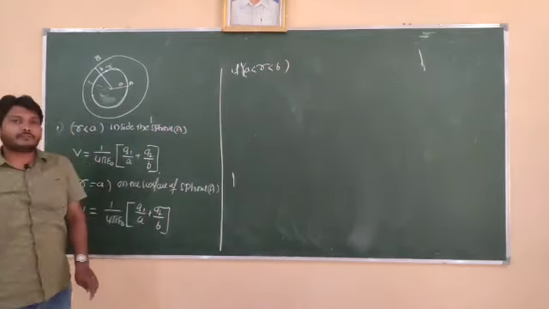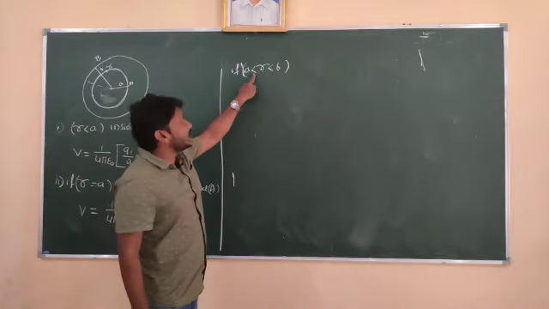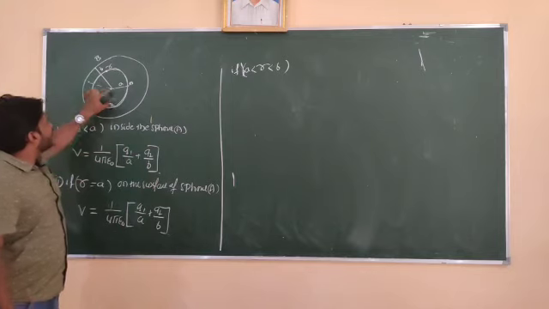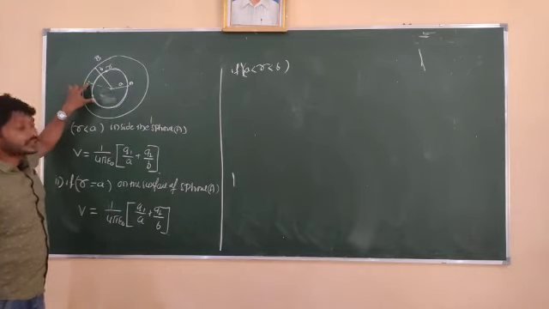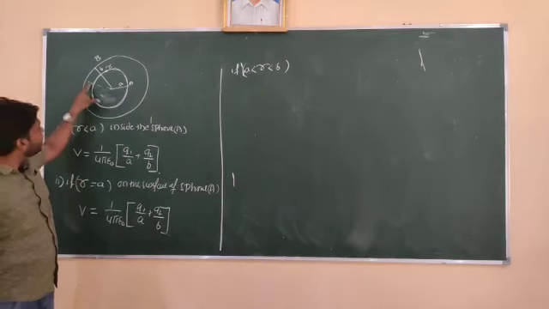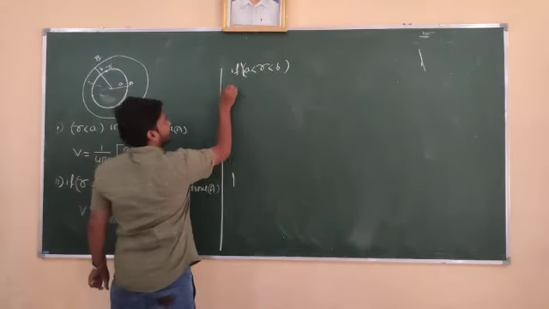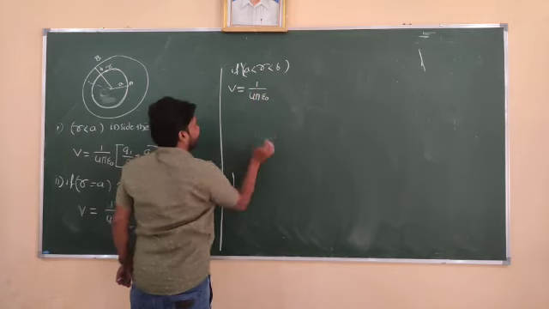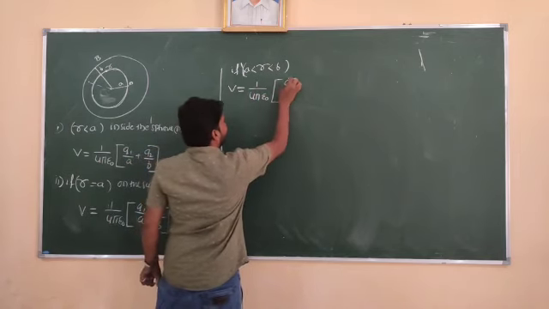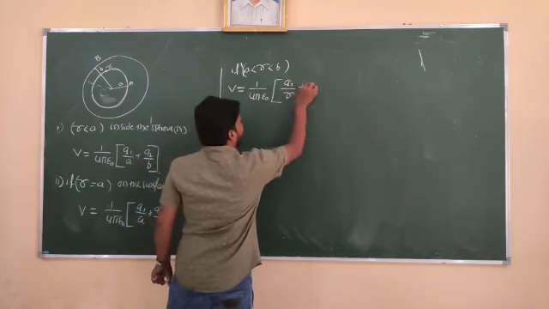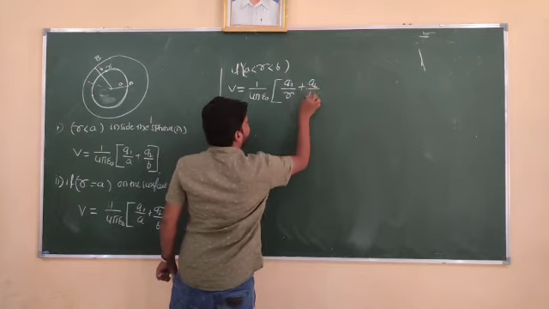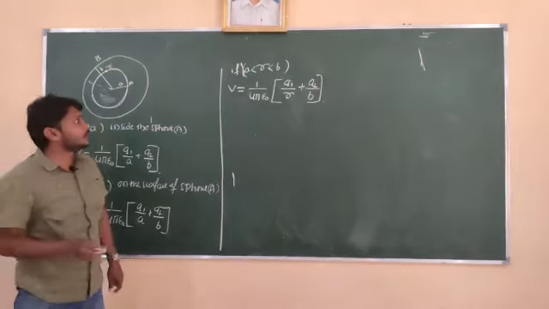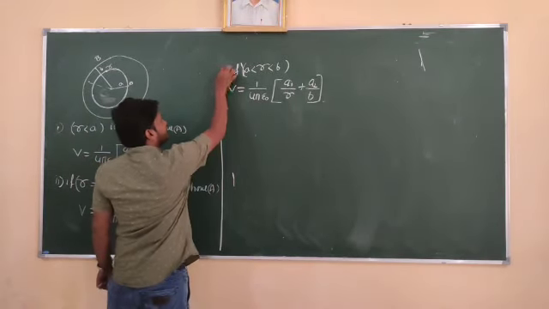Where is the location of point r? r is greater than a, so the position is outside the first sphere and inside the second sphere. In this situation the formula becomes 1 by 4 pi epsilon naught, Q1 by r plus Q2 by b. So this is the third case.